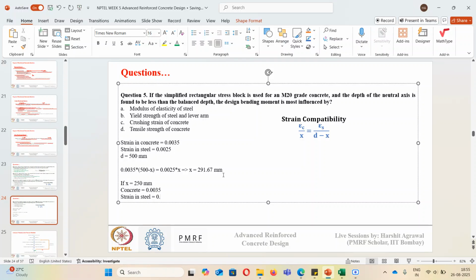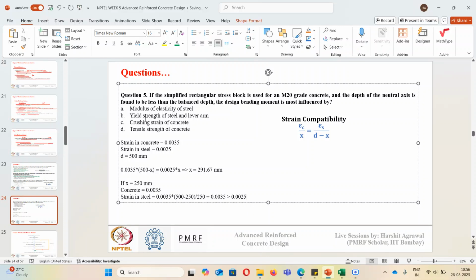It is nothing but 0.0035, the strain in concrete, times (500 minus 250) divided by 250. So this value is coming out to be 0.0035. So you can see, if I reduce the depth of neutral axis, what is happening? My steel yielding will happen before concrete reaches the ultimate strain. So this value of 0.0035 is more than 0.0025, the yield strain of steel.